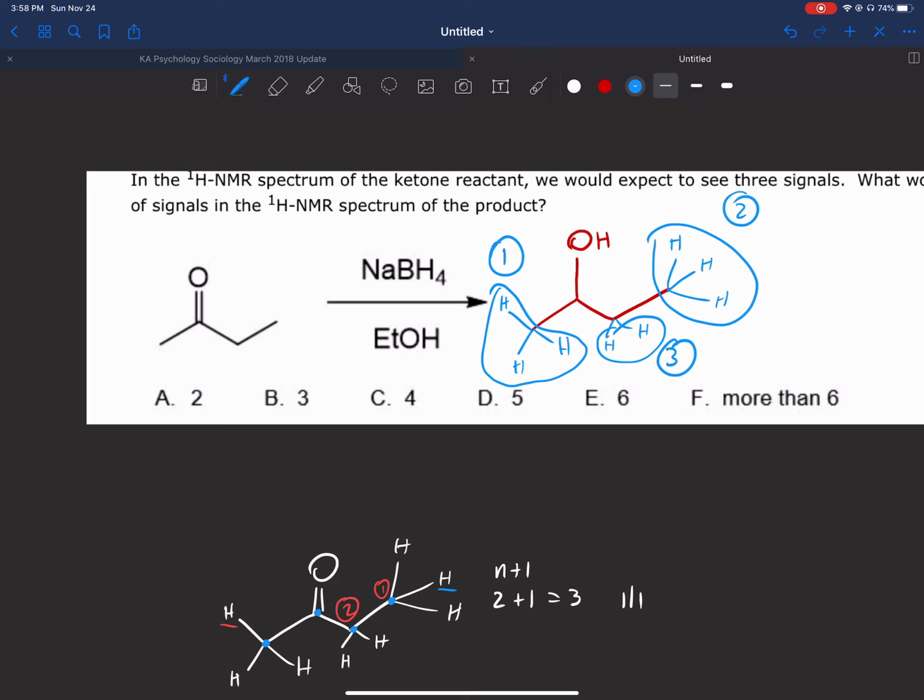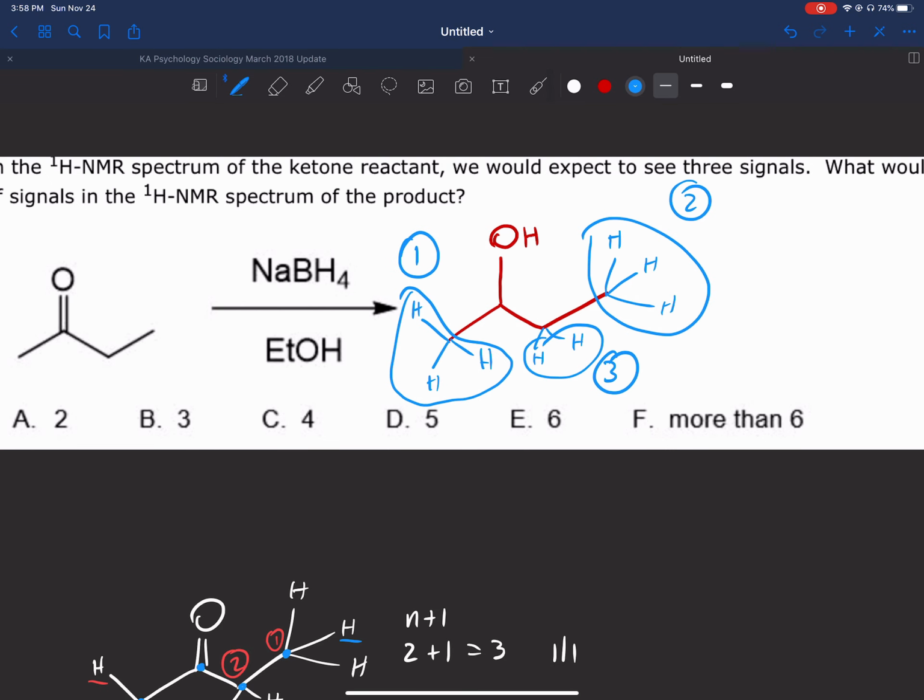Did anything else happen? Do we have any new hydrogens we need to look at? Yes, we do. First of all, there's a very obvious hydrogen on the OH. This one right there. So we don't have another hydrogen on an OH bound exactly like that. So that's a unique hydrogen. That's going to be 4, fourth peak. The not so obvious hydrogen is here.